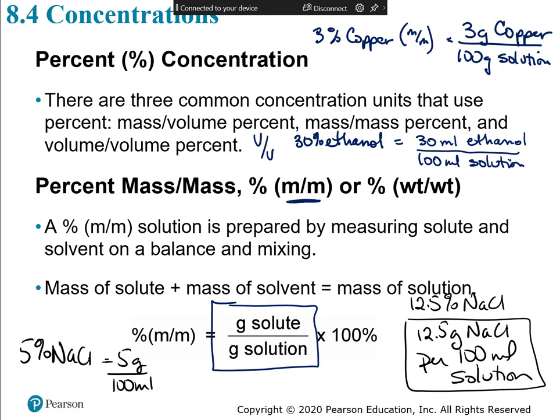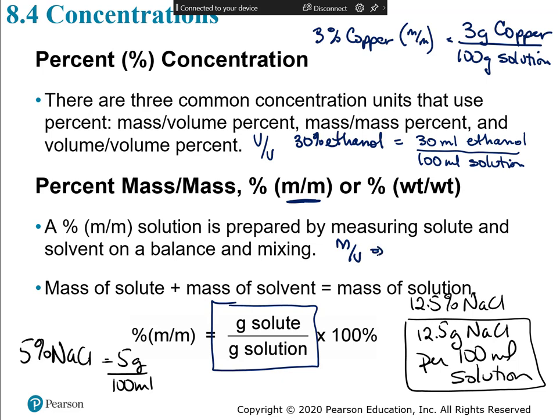That was a 10% solution. If you have a mass to volume, that is because the solute is a solid. So you're going to weigh it out in a mass, versus using a graduated cylinder to measure it out because it's a liquid. If it's a solid, you'll use a scale to measure it out.